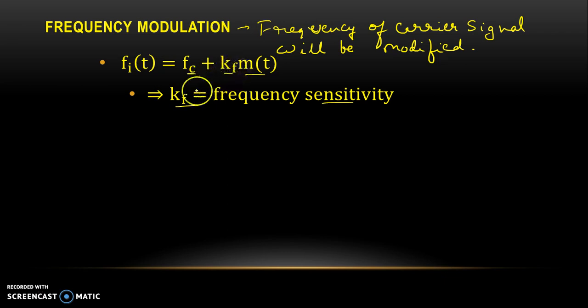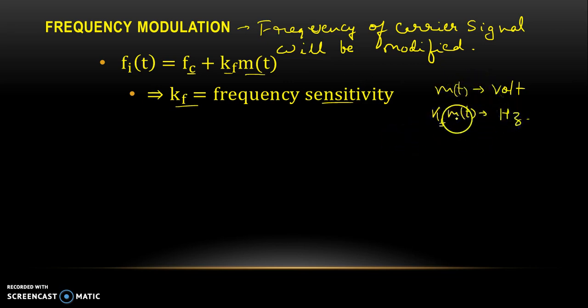Now if I talk about the unit of this kf, what can be the unit? The unit of m(t) is volts. And what should be the unit of kf times m(t)? This is frequency and that is frequency, so it has to be in hertz.